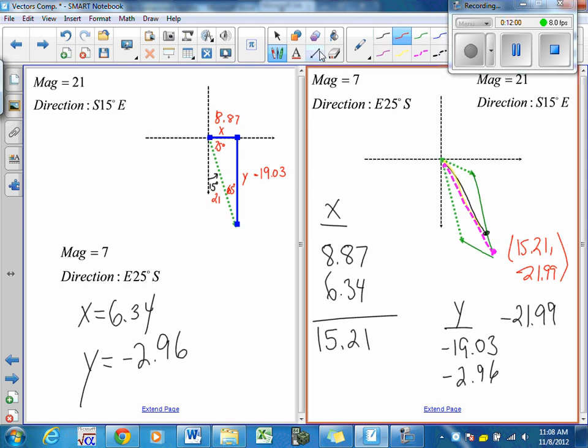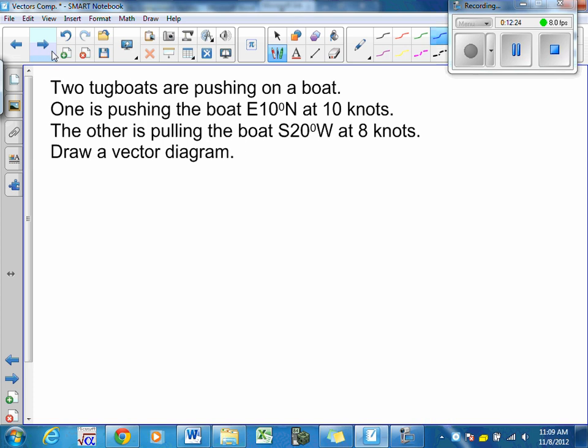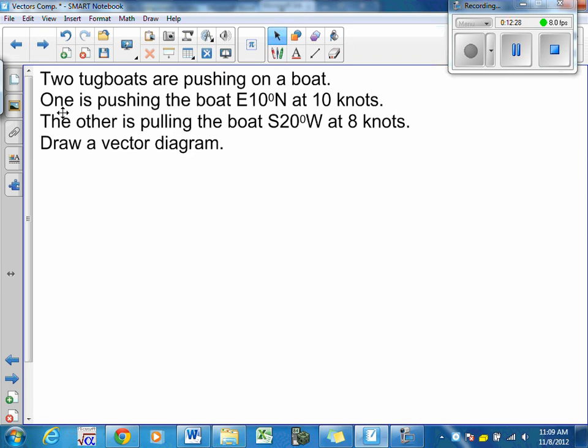But what you need to do, once you have that new vector here, is do the same thing again. You make a right triangle. Once you have a right triangle, you can determine direction, you can determine magnitude. So you're breaking everything down into a whole bunch of smaller right triangles. Okay? Let's try to do an example here.